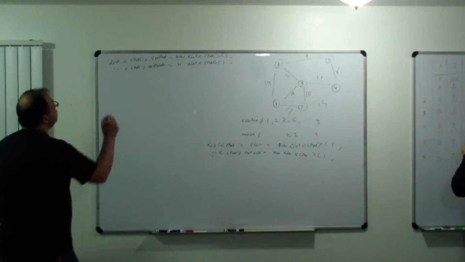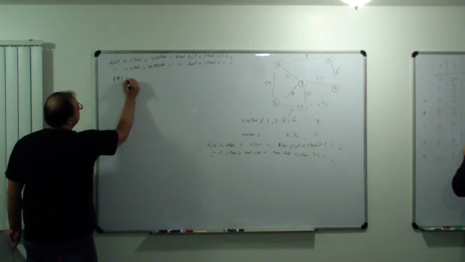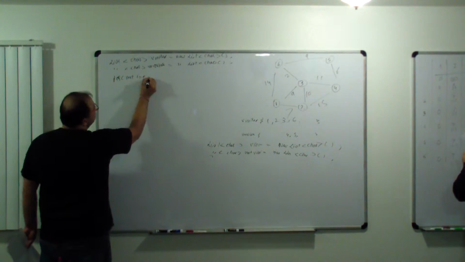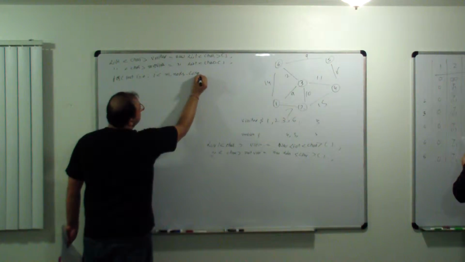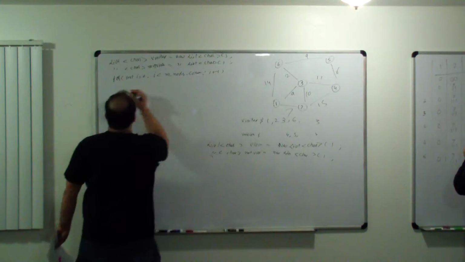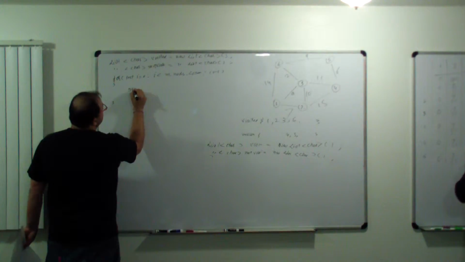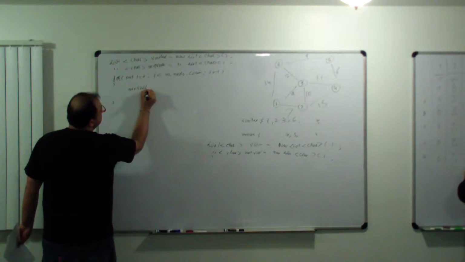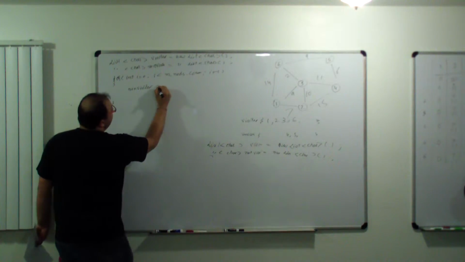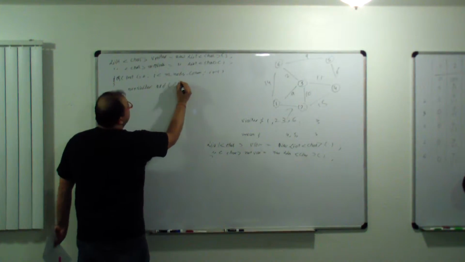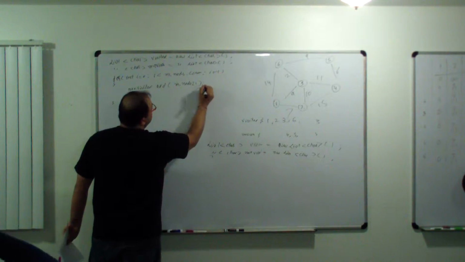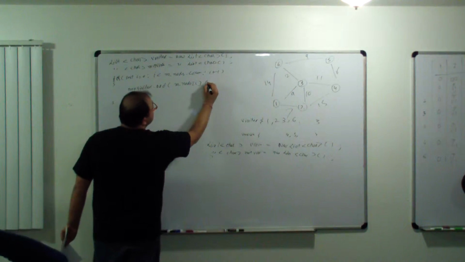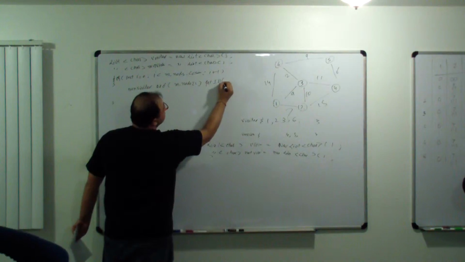So we will do for integer i is equal to 0, i is less than m underscore nodes dot count, i plus plus, we will add to non-visited dot add m underscore nodes i dot get id.